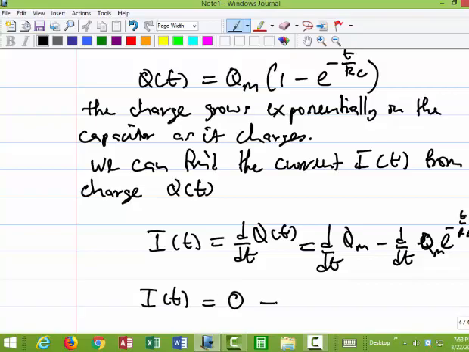And then there's a negative, that's a negative again, and then we have Qm over Rc e raised to the power minus t over Rc again.